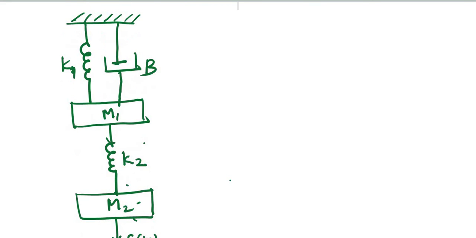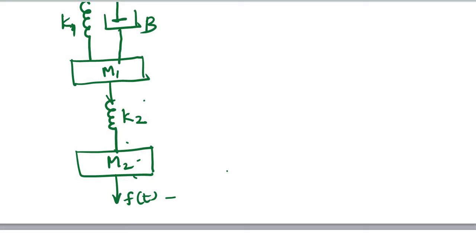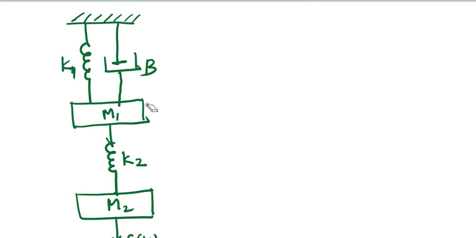Now for this mechanical system, let us analyze. An external force F of t is acting on mass M2. There is a spring between mass M2 and M1, and between M1 and the fixed support there is a spring with spring constant K1, and a damper with damping coefficient B. First let us draw the free body diagram.